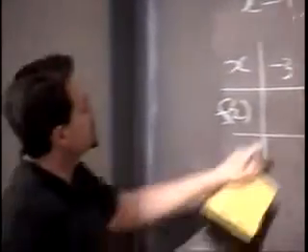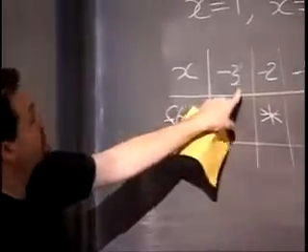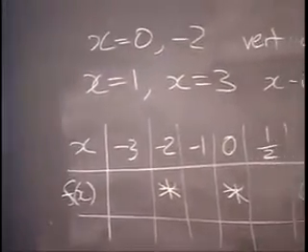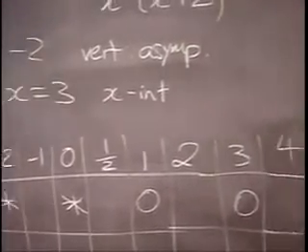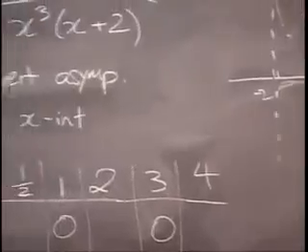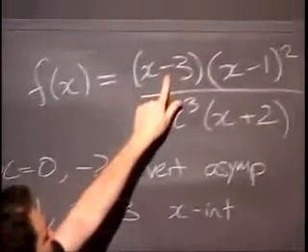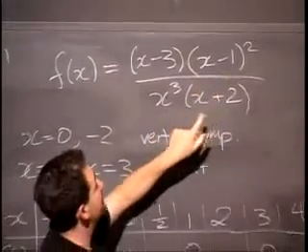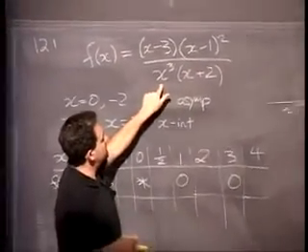In order to do this, you simply substitute this value of x into the function definition up there. But you don't actually care what the value is. You only really care whether it's positive or negative. And there's a real art to this. For example, if I plug in minus 3, I get a negative number. This thing's always positive because it's a square. I get a negative because it's cubed.